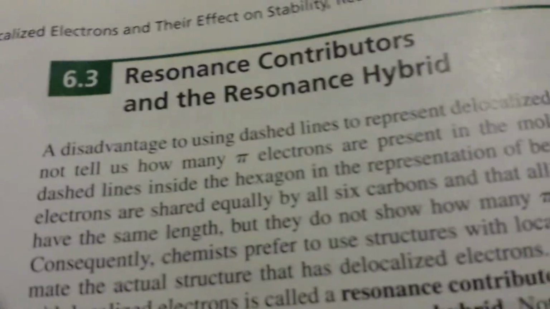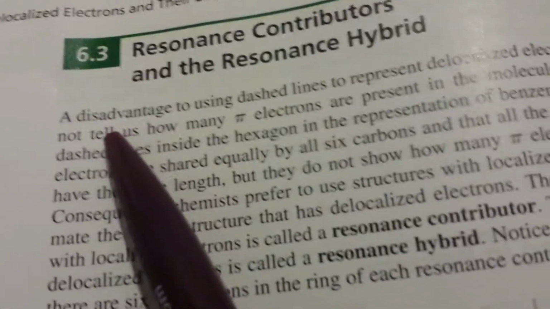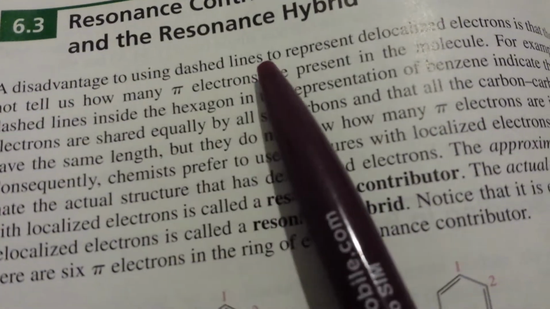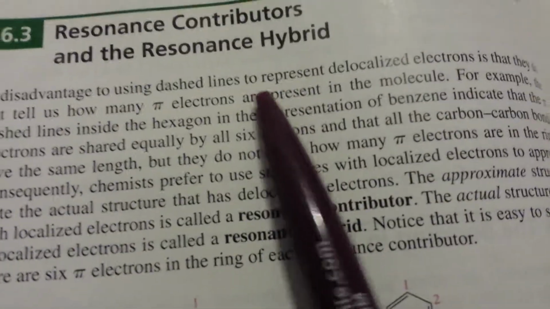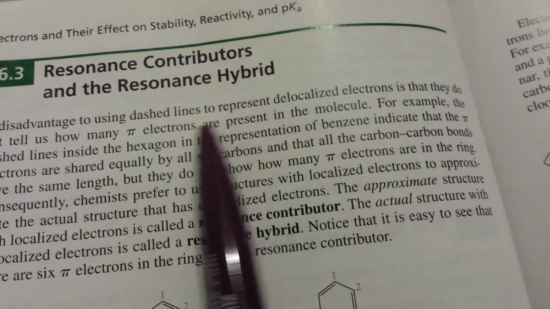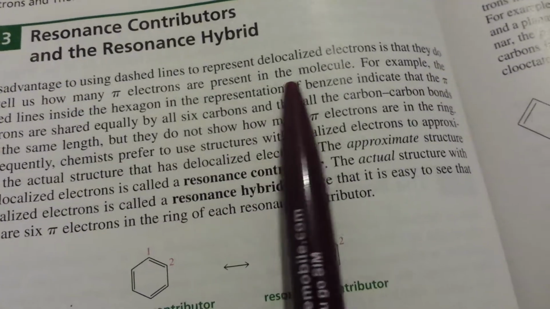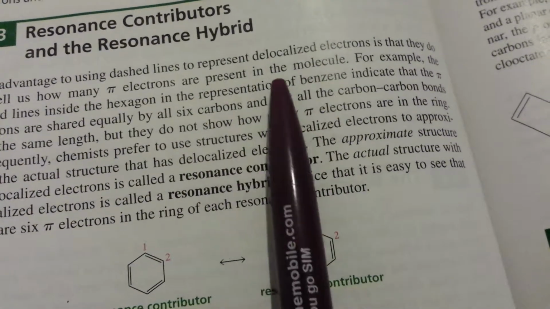Now we go to another page, page 140 of the book: resonance contributors and the resonance hybrid. A disadvantage of using a dashed line to represent delocalized electrons is that it does not tell us how many pi electrons are present in the molecule.